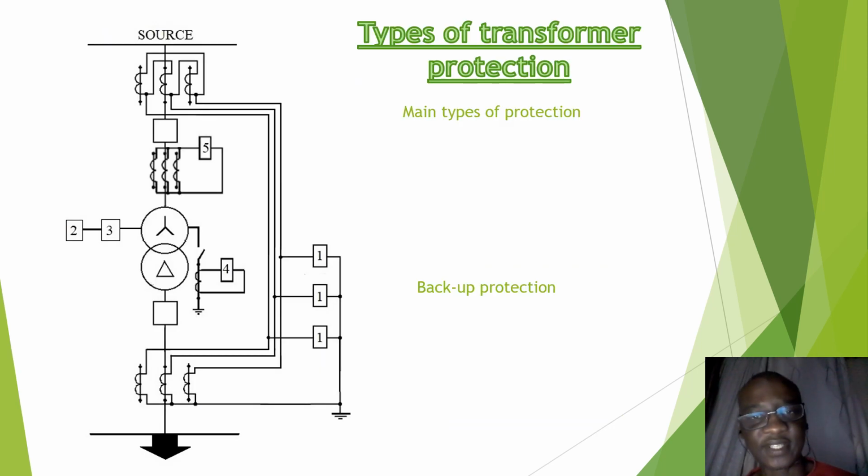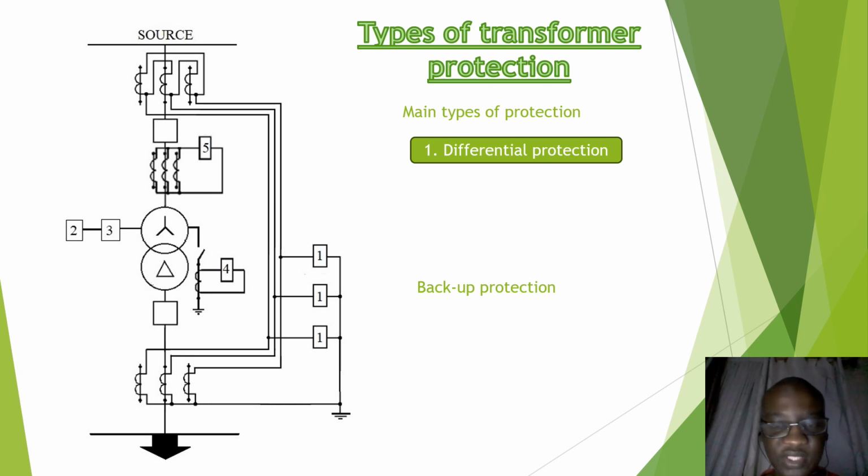Now let us look at the types of transformer protection. The types of transformer protection can be classified as either main types of protection or backup protection. In this diagram we've shown 5 types of transformer protection, and the first one is differential protection. Differential protection is the main type of protection in high voltage transformers.